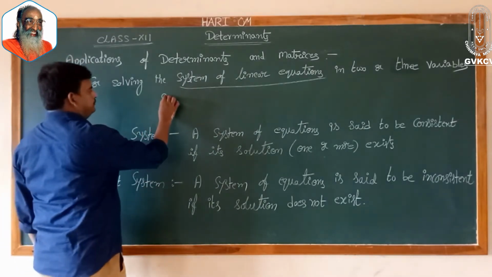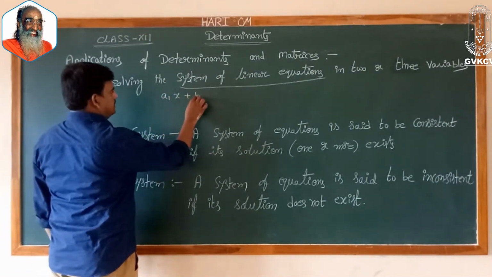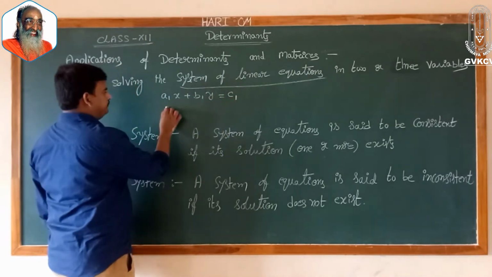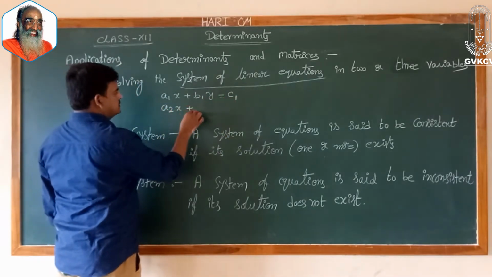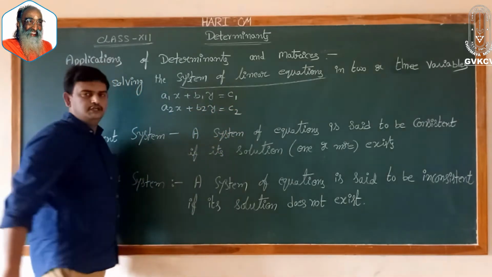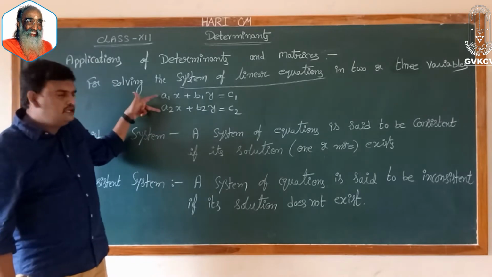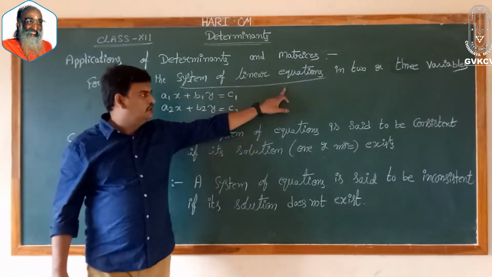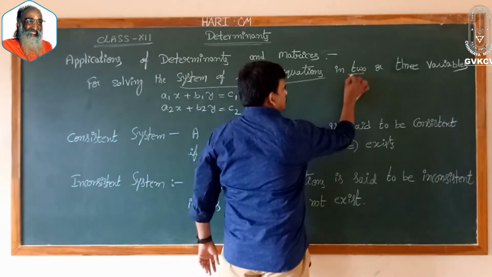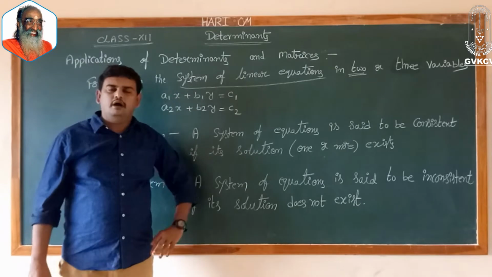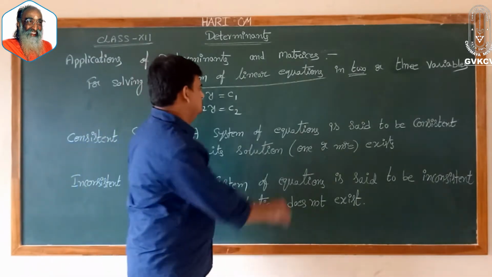For example, a1x plus b1y is equal to c1, a2x plus b2y is equal to c2. So these are nothing but a system of linear equations in 2 variables. What are the variables we have here? x and y are the 2 variables.